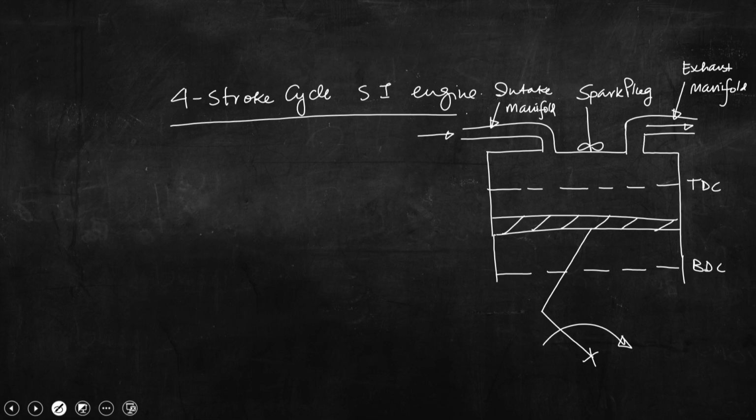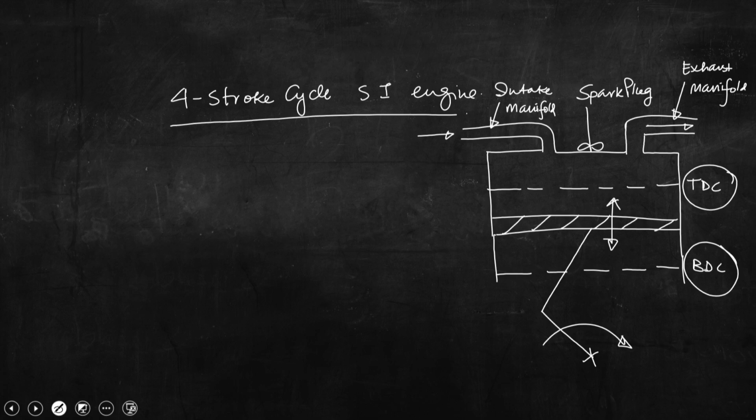Now, in a 4-stroke cycle, the piston reciprocates between two locations, top dead center and bottom dead center, and there are 4 different strokes.